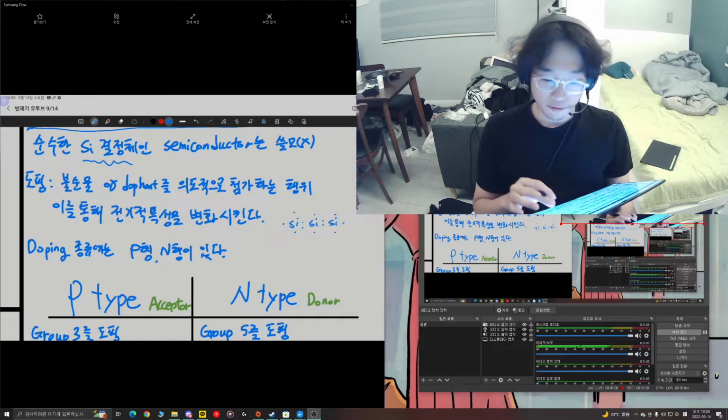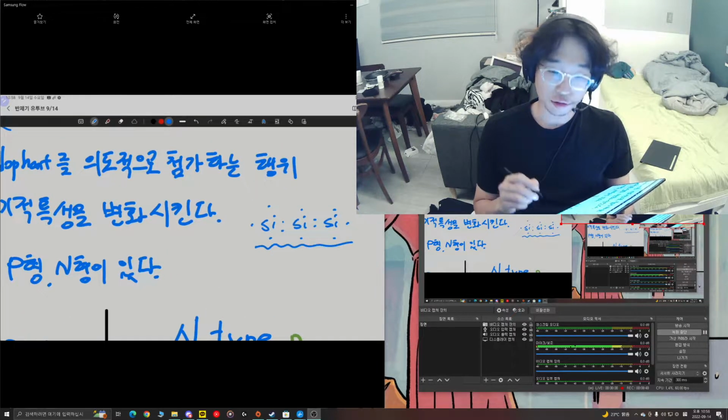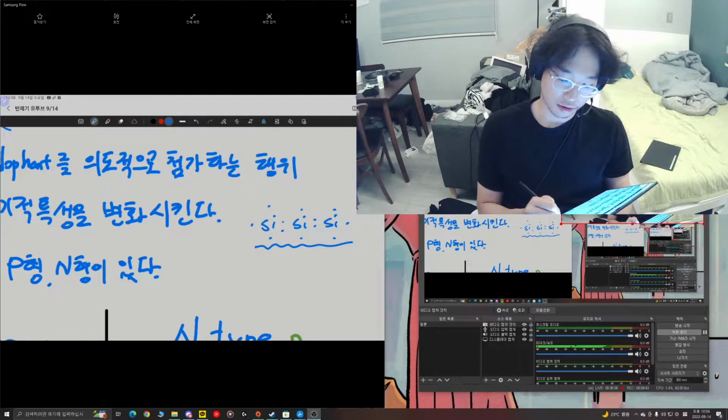There is no space for these electrons. The electrons cannot go because they get stuck like this, like this.